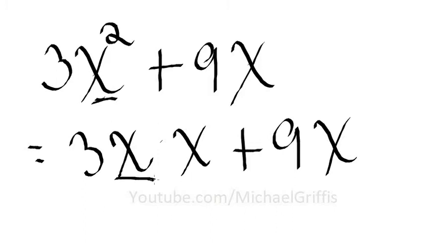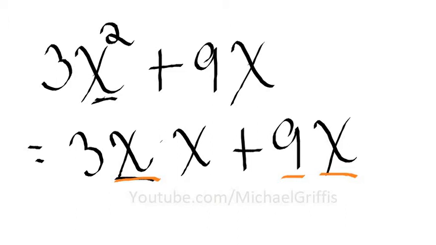Well, it has an x. There's an x here and an x here, so we know we can factor that x out. But what's hiding in the 9 here? There's a 3 hiding in 9. Yes, that's right. We can rewrite this 9.